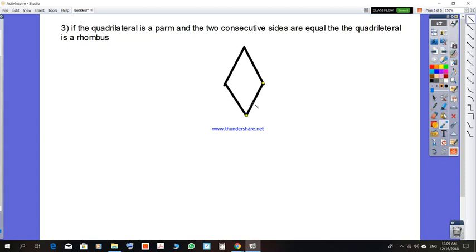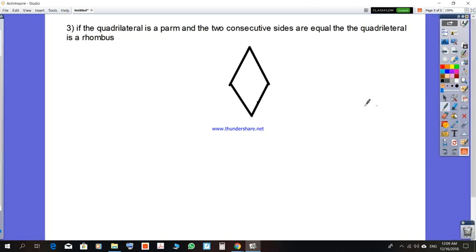If I prove that this quadrilateral is a parallelogram and two consecutive sides are equal, for example this side and this side are equal, that means the quadrilateral is a rhombus. Consecutive sides means adjacent sides, the two sides having the same vertex, intersecting at the same point.